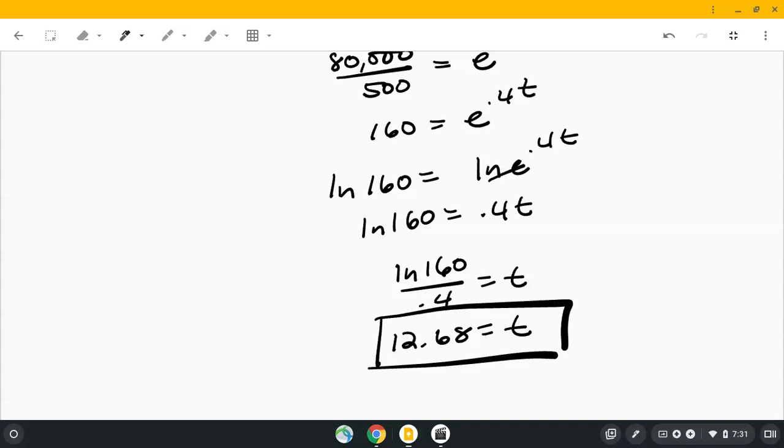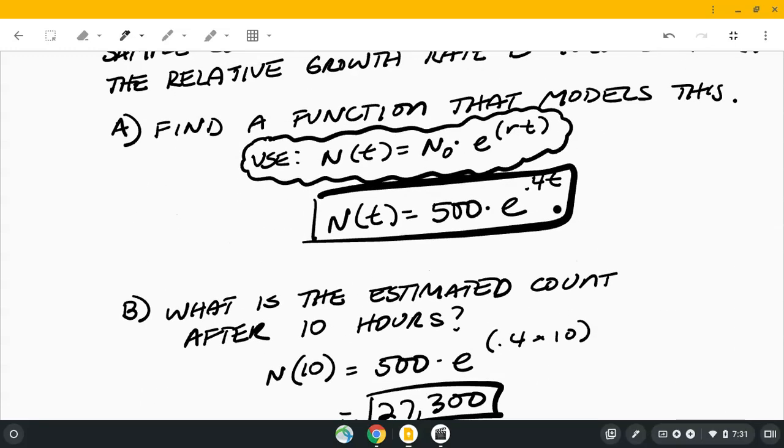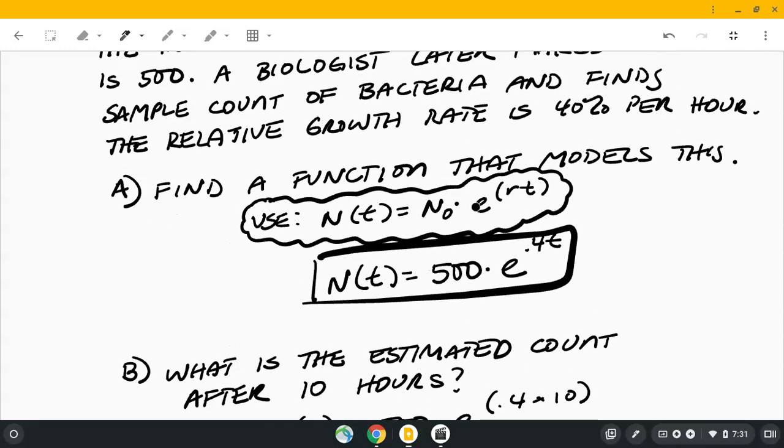Okay, so that is it. Hopefully you understand when to use this function model as opposed to the other one. This one is for when you're dealing with relative growth rate. The other one is when you know how long it takes to double or triple.